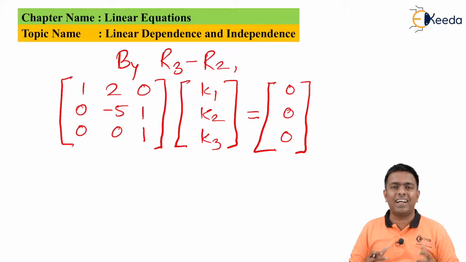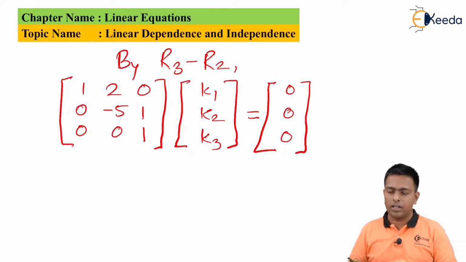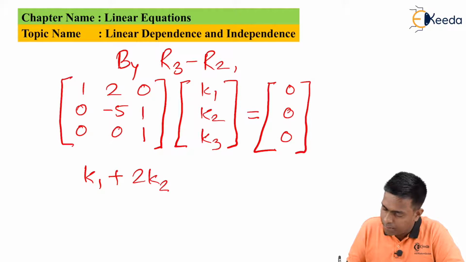Now guys, you can see that this matrix has been converted to the echelon form, and after that we'll again convert this matrix form into the equation form. So the first equation will be k1 plus 2 times k2 plus 0 k3 is equal to 0.